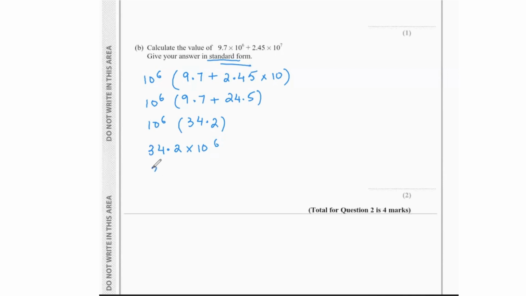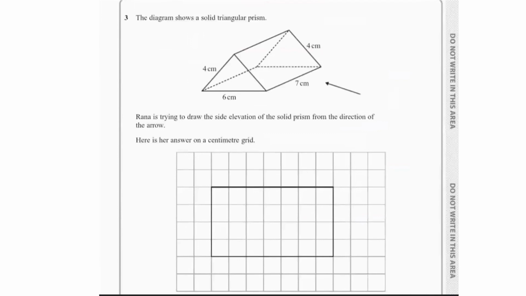So then it's going to be 3.42 times 10 to the power of 7. Since we're moving the decimal one place, we're going to add 1 to the power as well. So it becomes 7. So 3.42 times 10 to the power of 7. That is your answer.